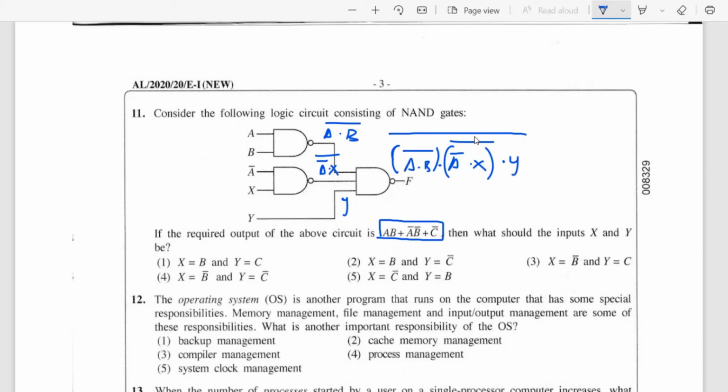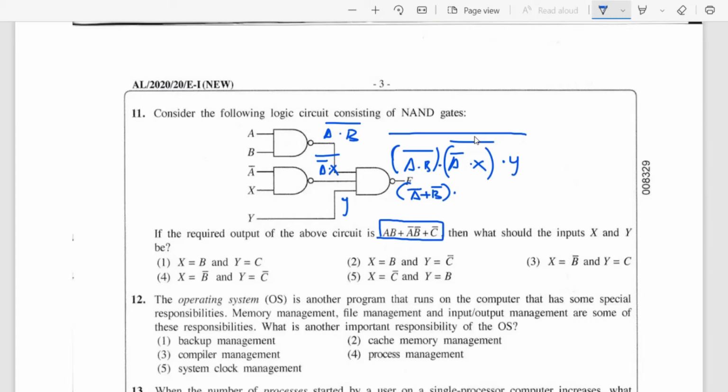First, I'm going to simplify the first bracket, A dot B whole bar. We can eliminate this bar, so it will be A bar plus B bar, the dot converting into plus. Then dot A bar dot X whole bar.